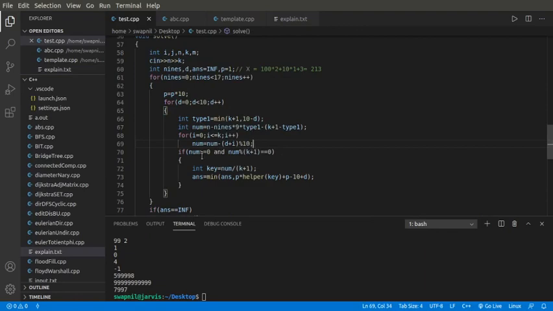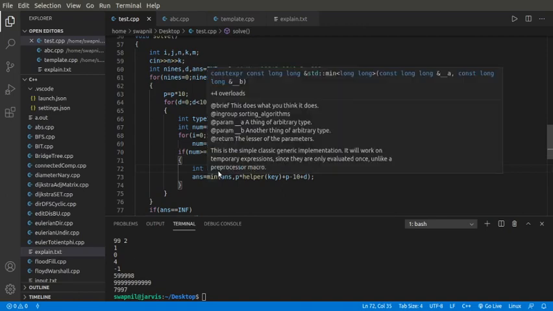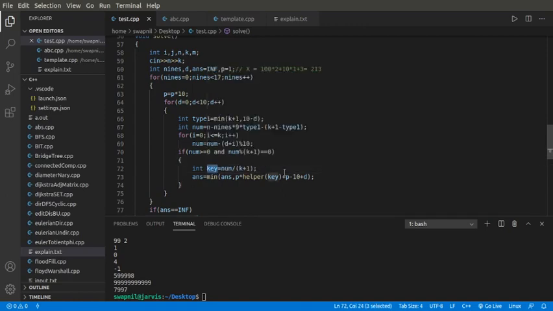Okay, now if the number which is formed out of this is greater than or equal to 0, and it is divisible by k plus 1, then what is this key? This key is nothing but f of prefix, right?